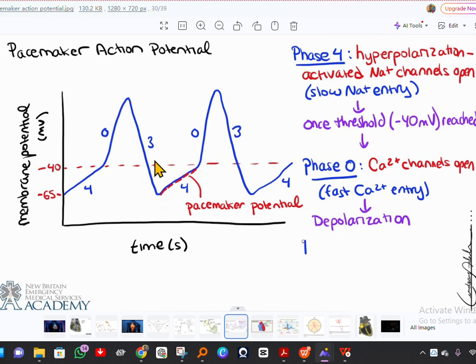Then in phase 3, potassium ions start coming out, causing the cell to repolarize again. But as it is repolarizing, it goes below the threshold to a more negative value, what you call hyperpolarization. And immediately the cell is hyperpolarized, the funny current sodium channels start opening and the cycle repeats.